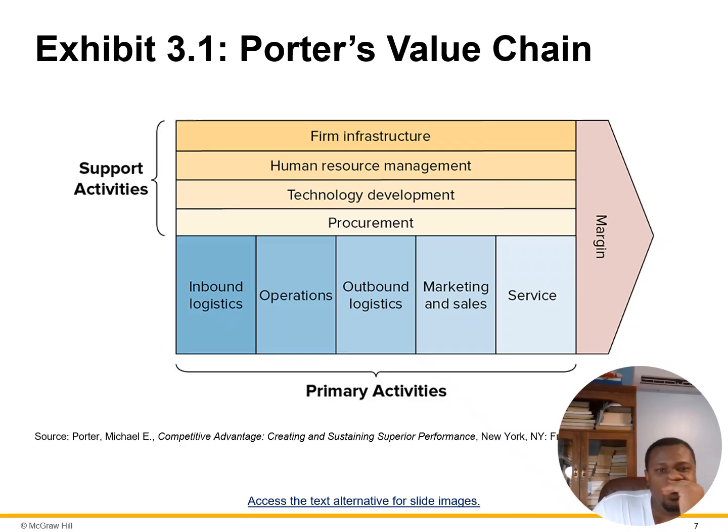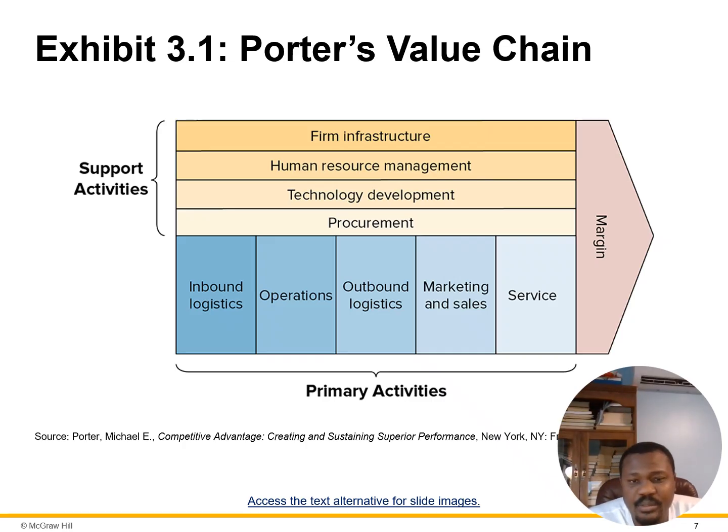Okay, so if you look at Porter's value chain, he says that the primary activities in every firm are at the base, and then he looks at the support activities at the top, and this is the margin. So in Porter's value chain, every firm has infrastructure, which is just a support activity, and that is understandable, because the infrastructure alone doesn't create satisfaction for the customers.